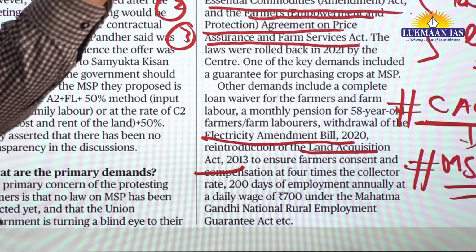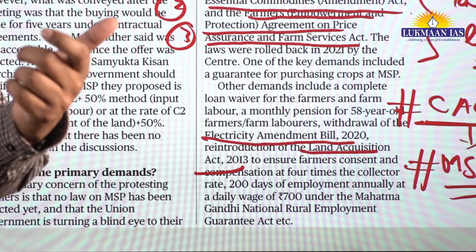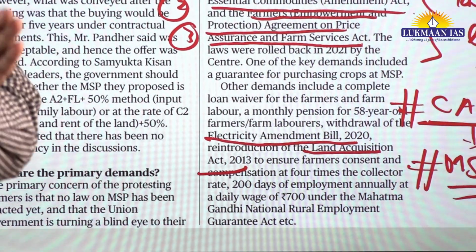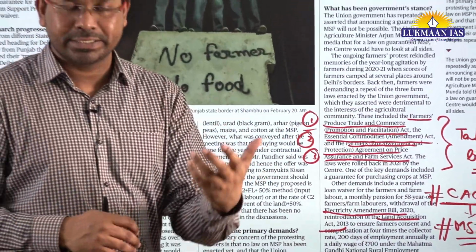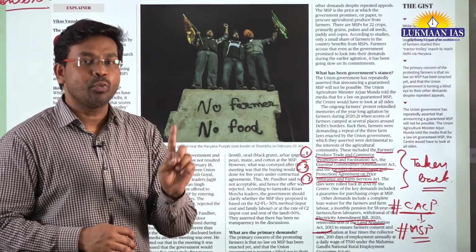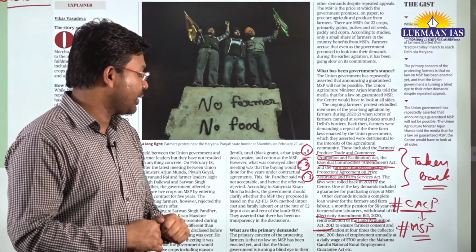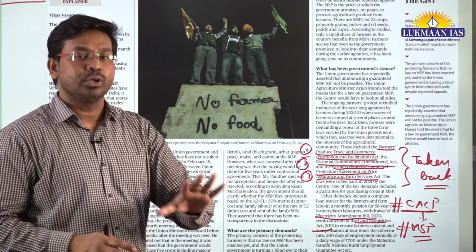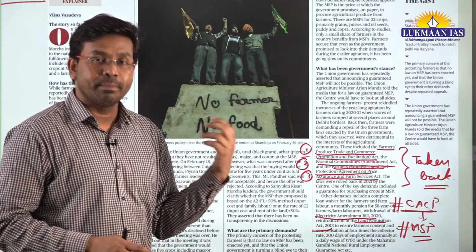When we talk about the Land Acquisition Act, there was the LARR Act, the Land Acquisition, Rehabilitation and Resettlement Act. Under that act, if the government acquires land of farmers, it pays 4 times the market price of the land to the farmers as compensation. So farmers want it to be brought back.